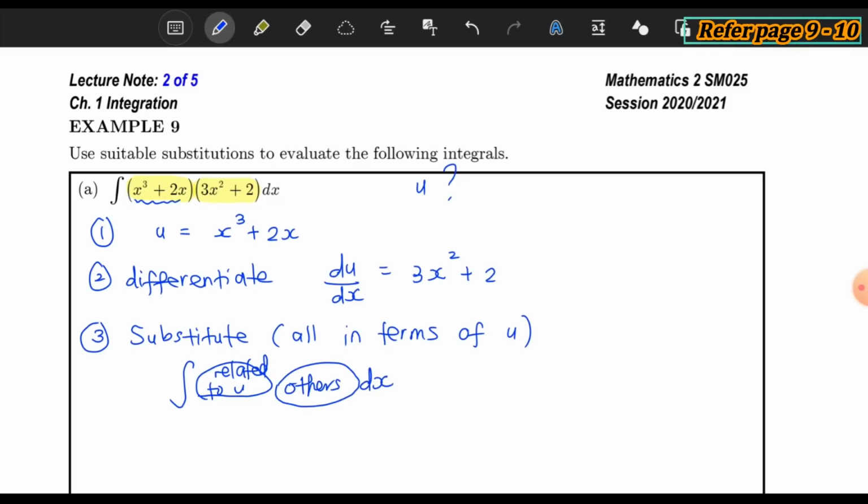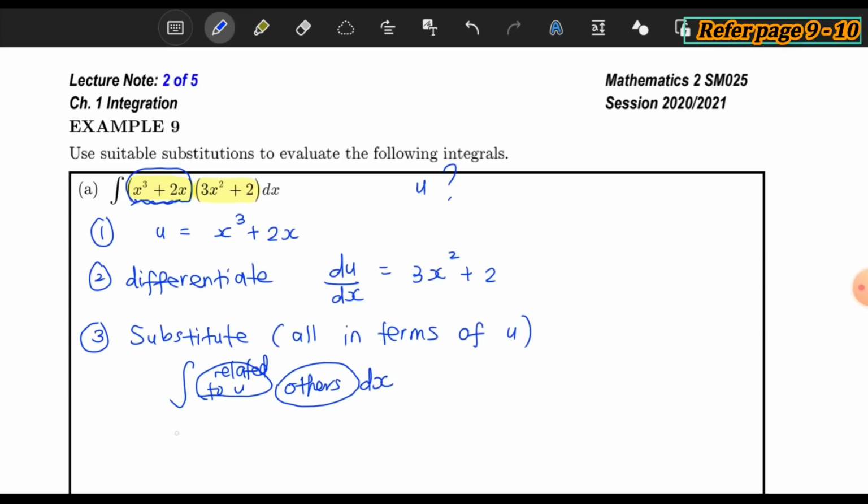Okay, so for this case, our u is the first function, which is related to u already. So we don't have to rearrange the order of the function.